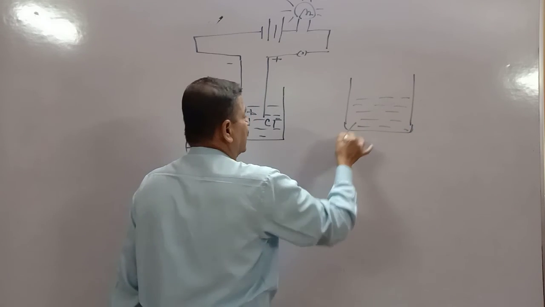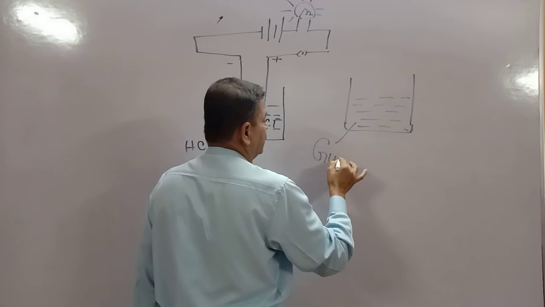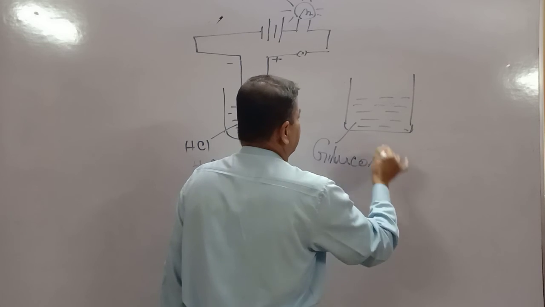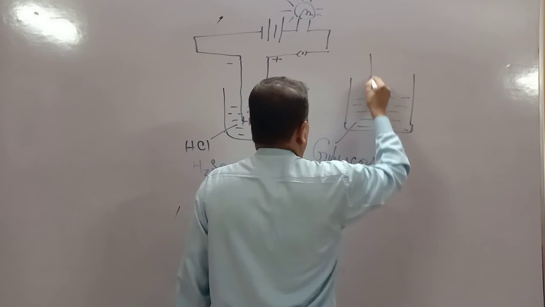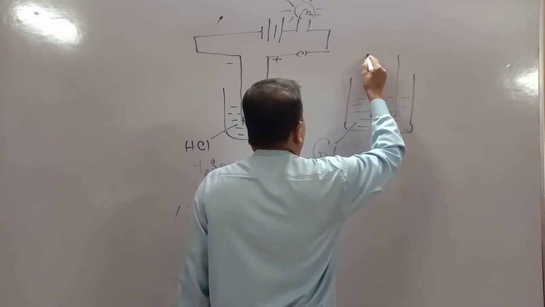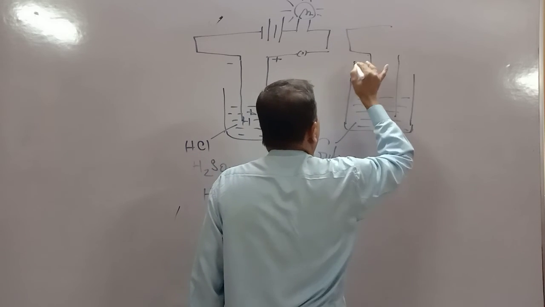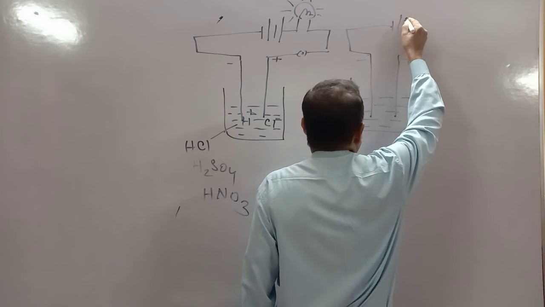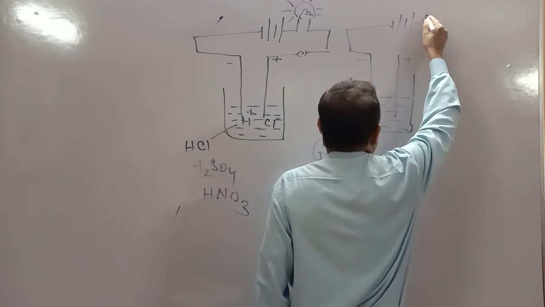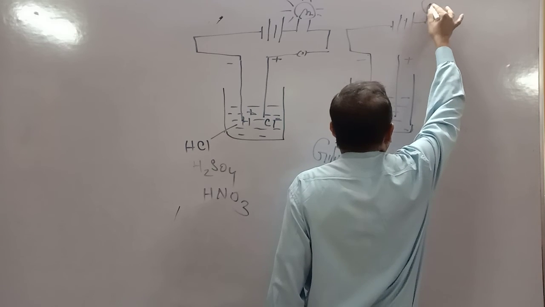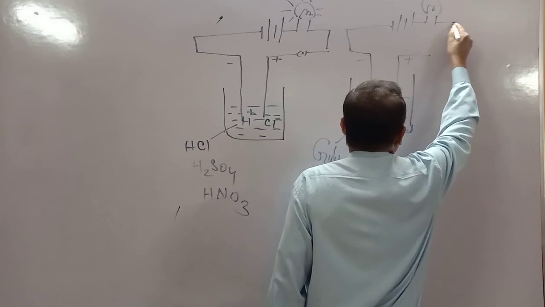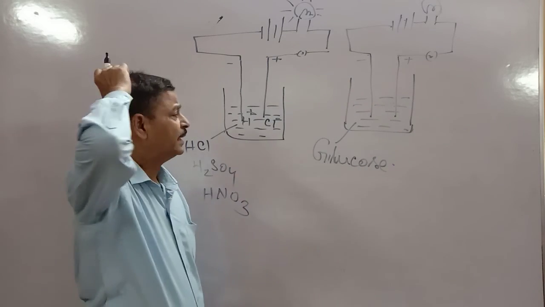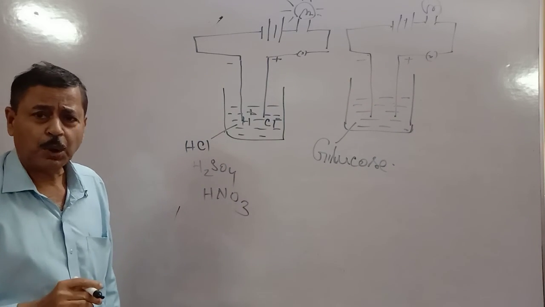If glucose solution is taken in a beaker and two electrodes are inserted in it, connected with a battery and a bulb, and the circuit is completed, we will find that the bulb does not glow.